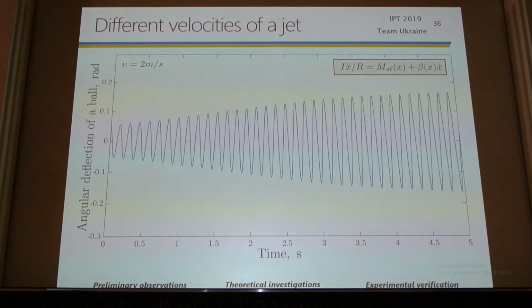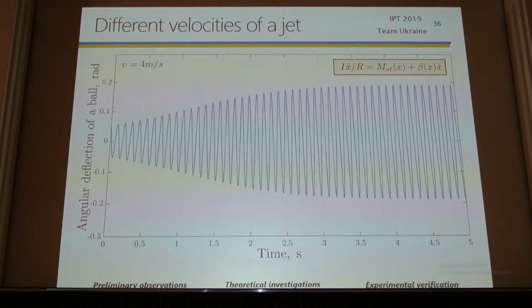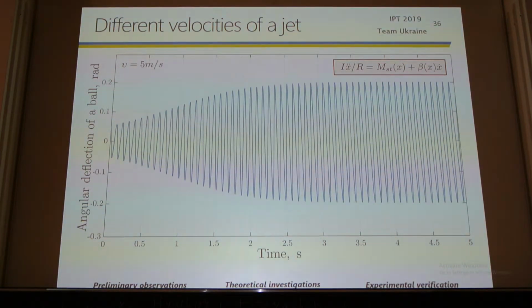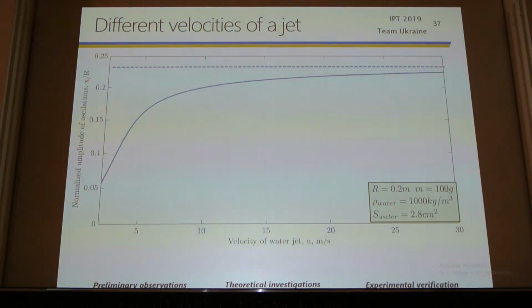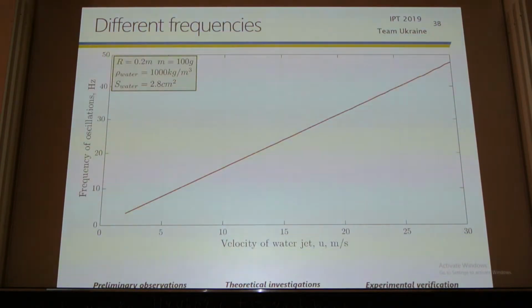As we change the velocity of the jet, the time of stabilization of the oscillations also changes. So here you can observe the amplitude of oscillations, how they become constant, while their frequency becomes higher and higher.